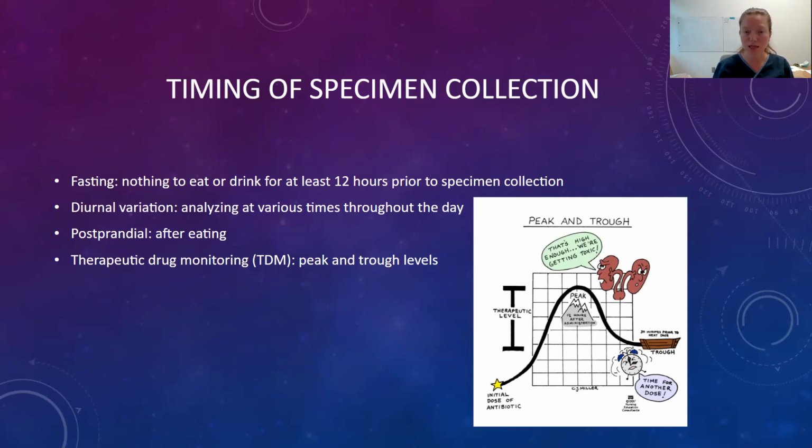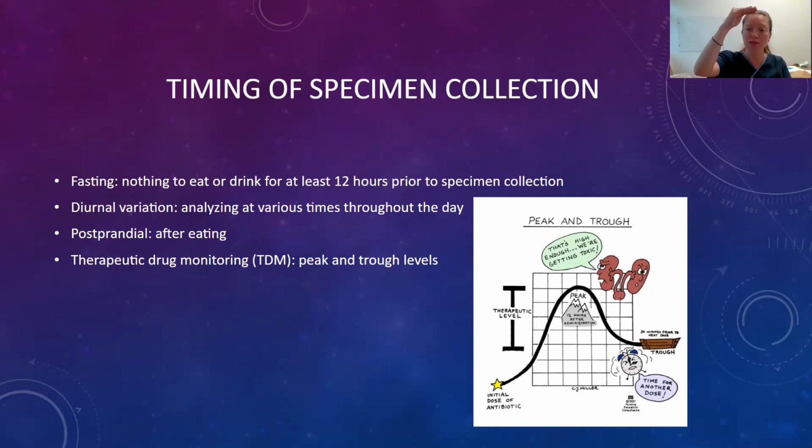Postprandial, that's just after eating. I mentioned the therapeutic drug monitoring. This is the peak and trough levels. So peak levels, this is when you draw blood when it's expected to have the highest concentration of that drug in the body to see what we're trying to keep therapeutic levels, right?